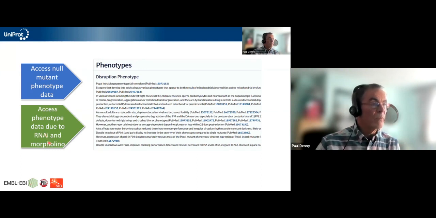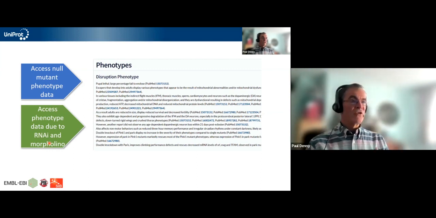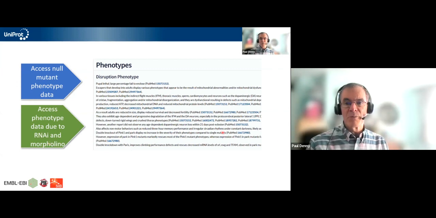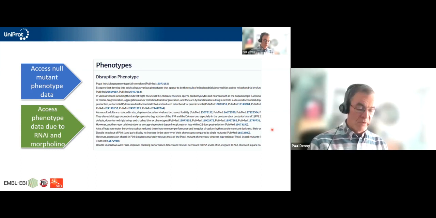They're also a short oligonucleotide which can be used to induce a phenotype, commonly used in organisms like zebrafish. So there's data from a range of different model organisms. I've mentioned zebrafish and fruit fly. There's also data from the worm Caenorhabditis elegans and other model organisms included in the UniProt data.